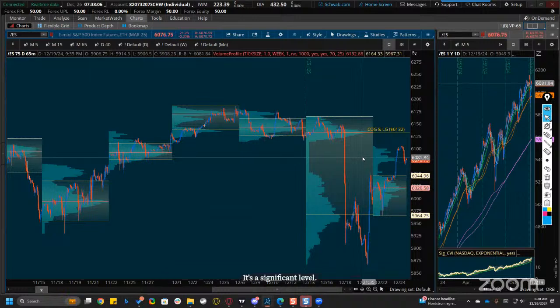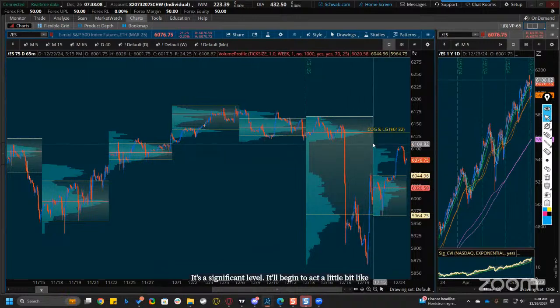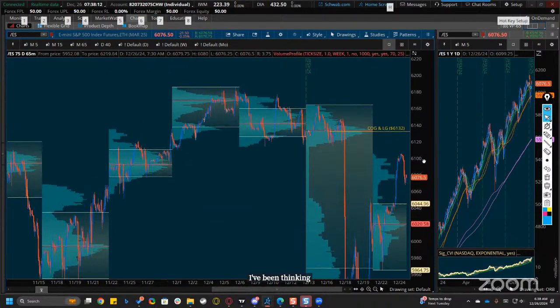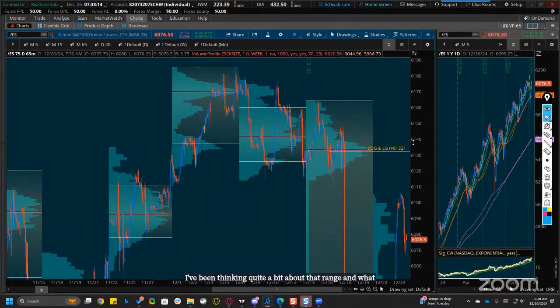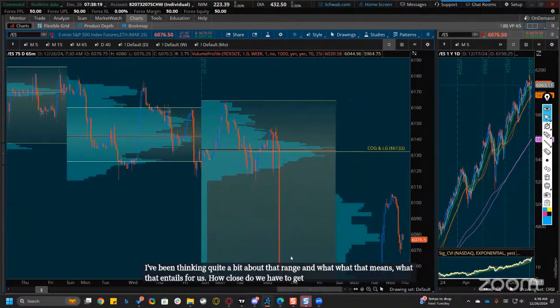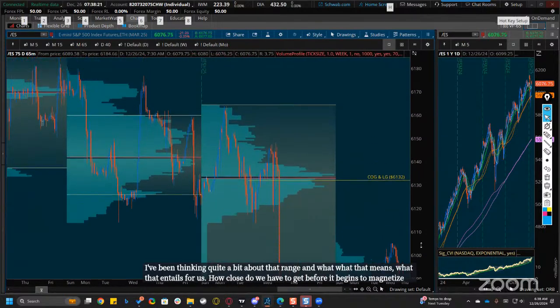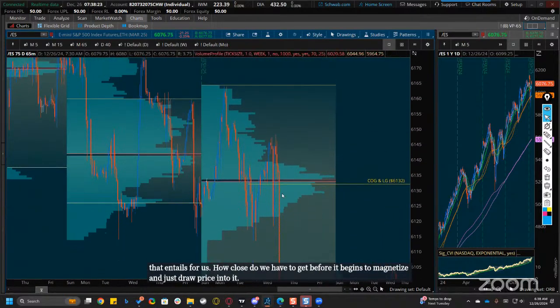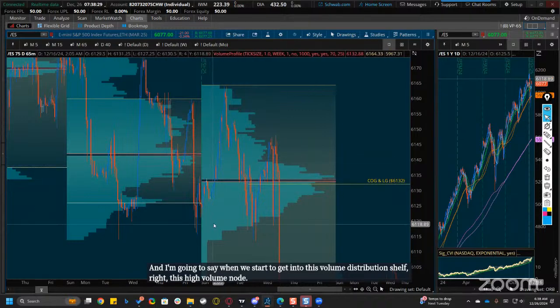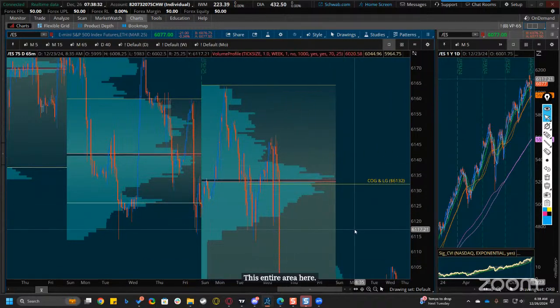It'll begin to act a little bit like gravity if we get within range of it. I've been thinking quite a bit about that range and what that means, what that entails for us. How close do we have to get before it begins to magnetize and just draw price into it? And I'm going to say when we start to get into this volume distribution shelf, this high volume node, this entire area here, we get into that and it'll likely draw us up into that 61.32.